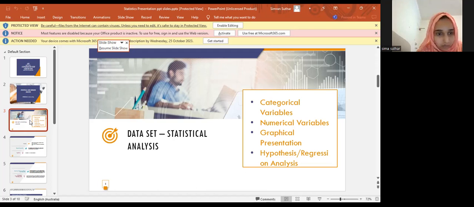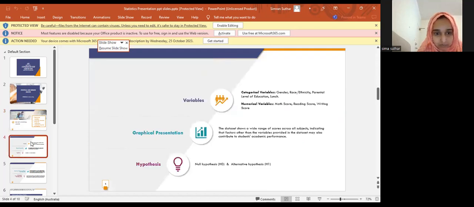I also talk about key findings. There is no strong correlation between gender and test scores. Both male and female students have a similar range of scores, and students from different race and ethnicity groups have varying performance levels. Parental education level also has a positive impact on student scores.